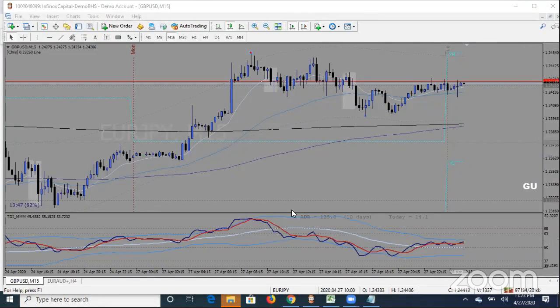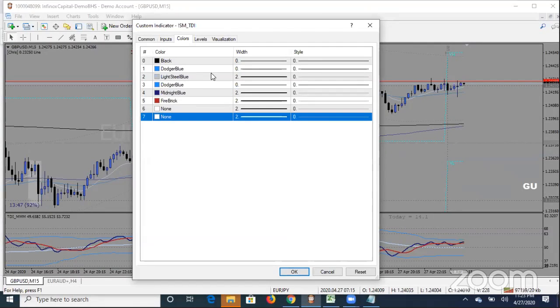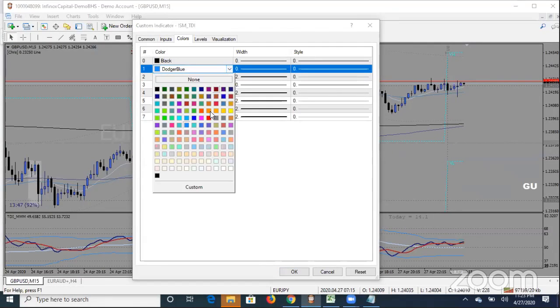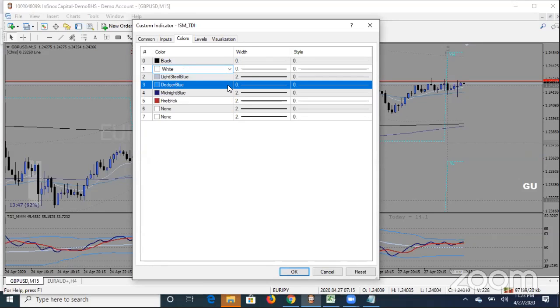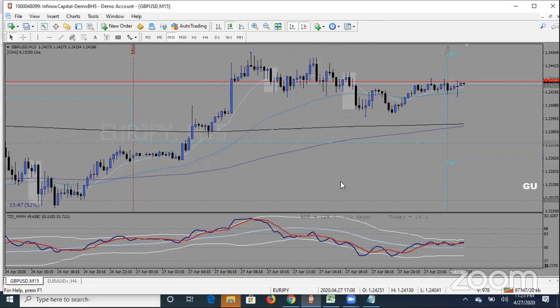Now, we notice when we're taking our entry on the 15 minutes, we want to see, let me change this, make it white so it shows clearly. On the 15 minutes, we want to see the blue band closing above the white line. That is an indication.